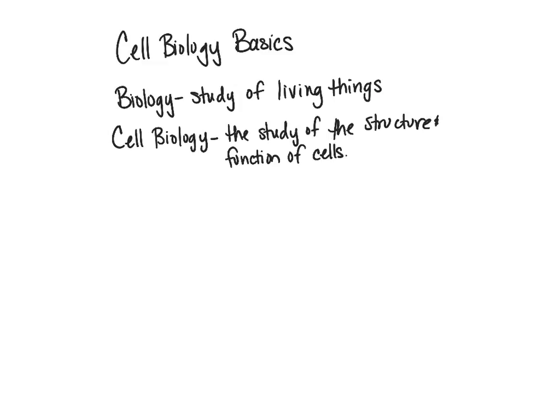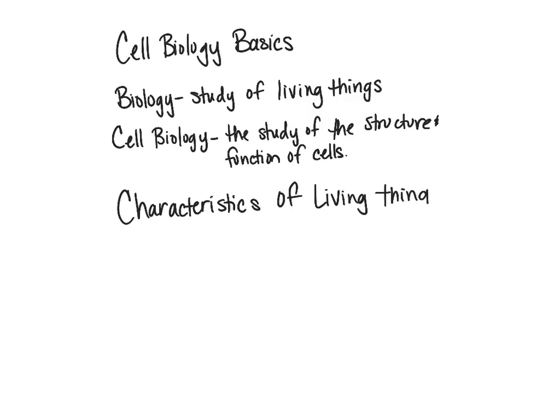So when we talk about a living thing, let's move into what is a living thing. We're going to be talking about the different characteristics of living things. The first characteristic is that all living things are cellular.